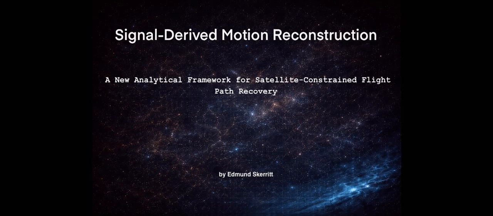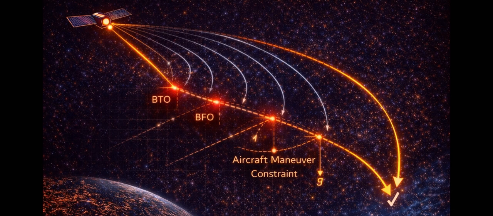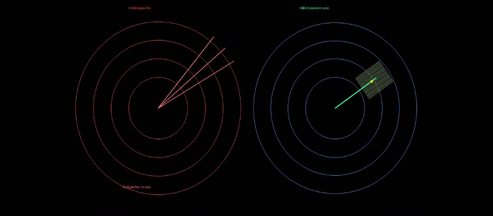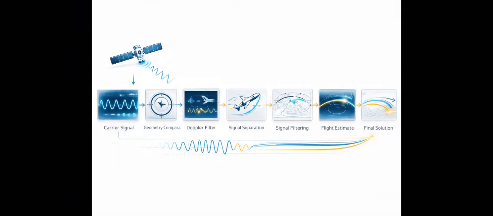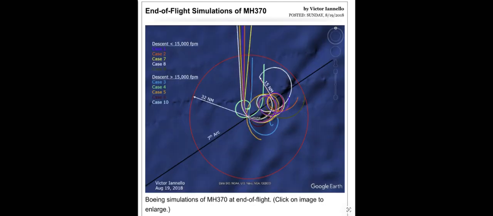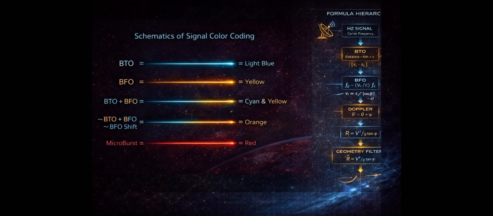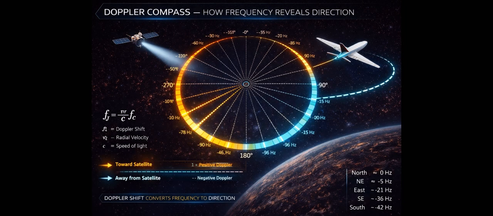This method, signal-derived motion reconstruction, combines signal physics, Doppler behavior, and aircraft maneuver geometry to isolate the flight path that satisfies all constraints simultaneously. Rather than starting with assumptions about geography, we begin with the signals themselves. And as you'll see, the aircraft's motion is not drawn, it emerges.